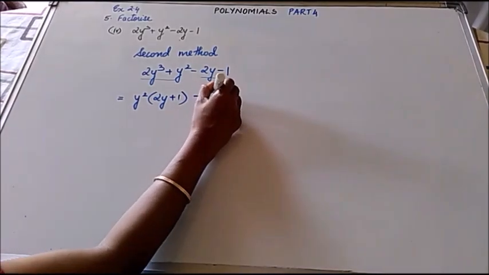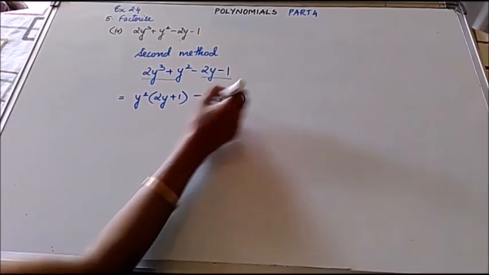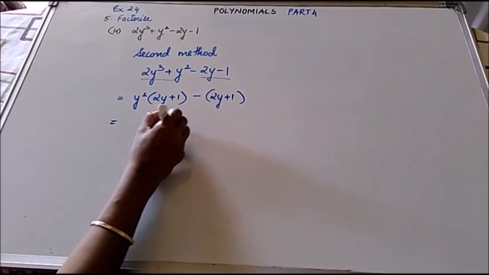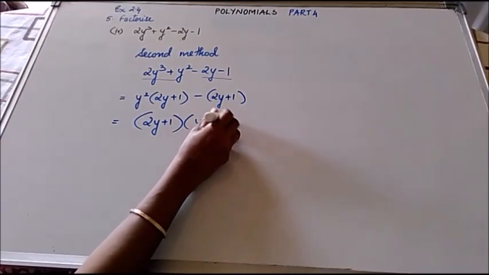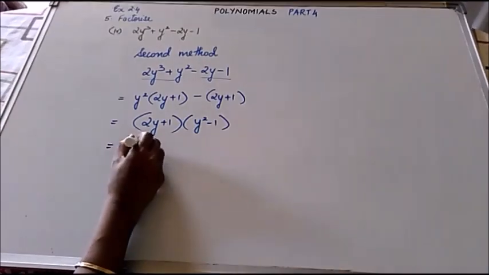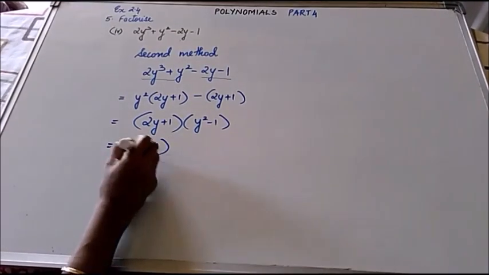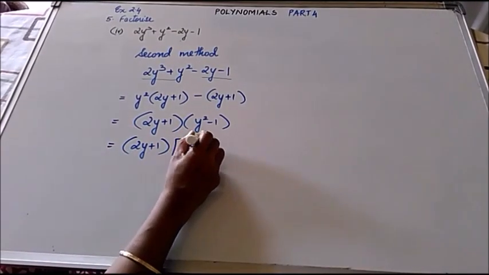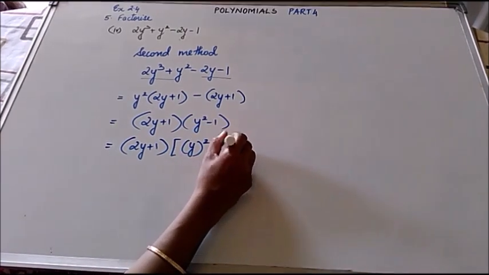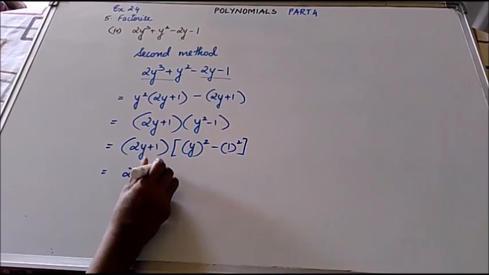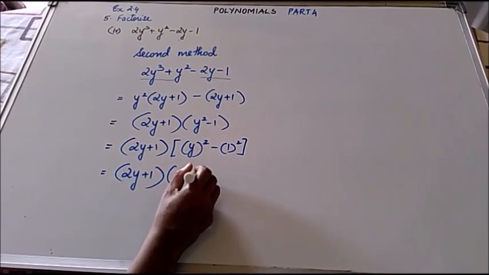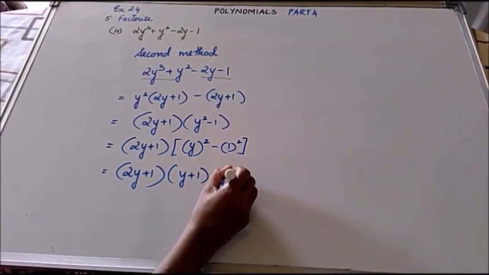Here minus is common, 2y plus 1. Here we get 2y plus 1 in the bracket, y square minus 1. Y square minus 1 can be factorized by using the identity a square minus b square. So you get the answer as 2y plus 1 into y plus 1 into y minus 1.